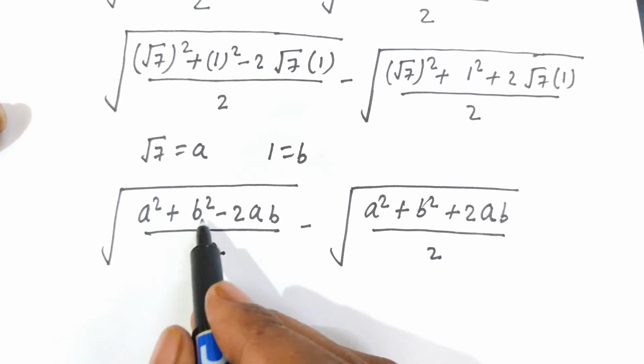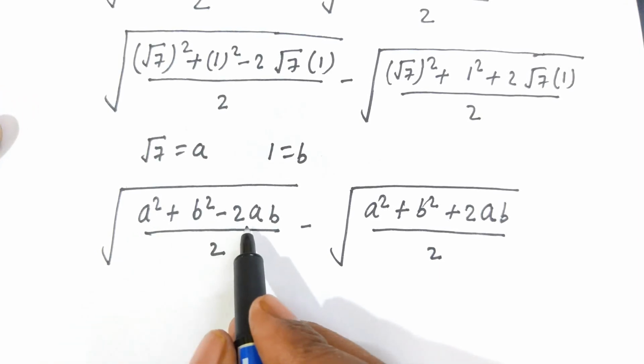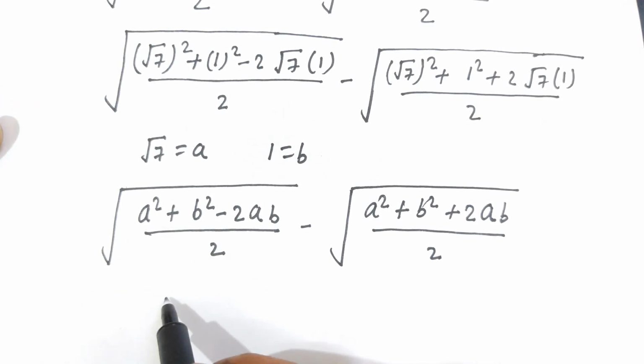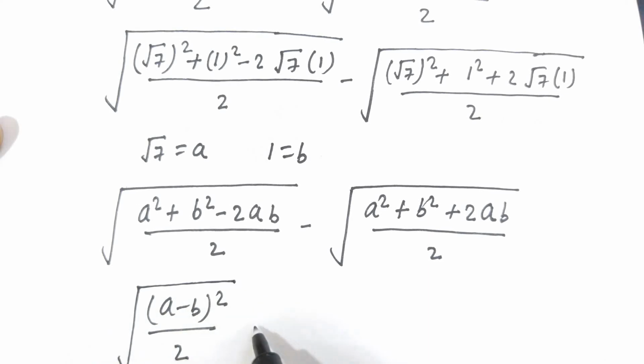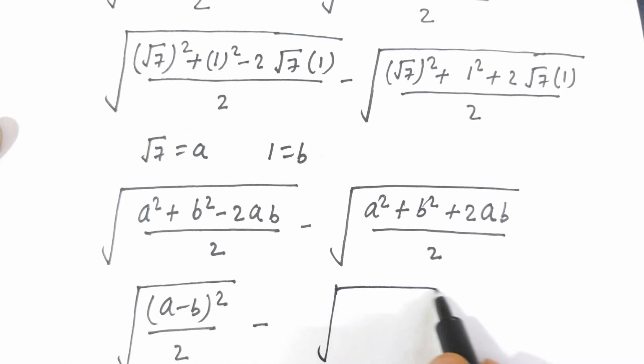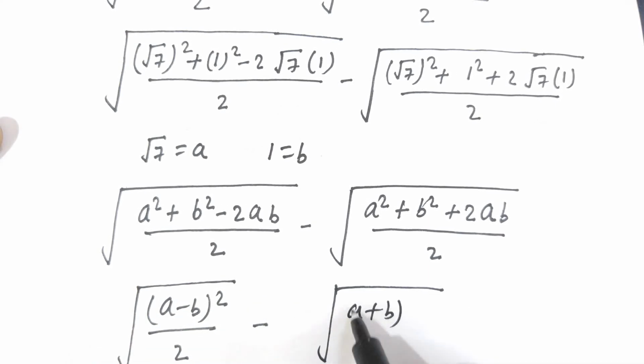Here a square plus b square minus 2 times ab, we know that this is the algebraic identity of a minus b whole square divided by 2, and here square root minus square root of a plus b whole square divided by 2.